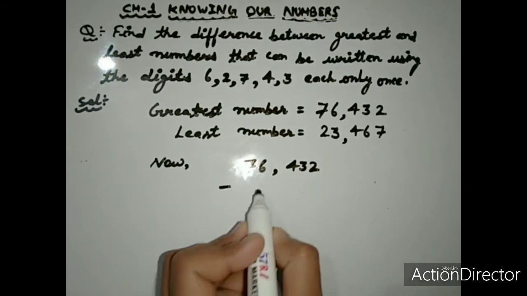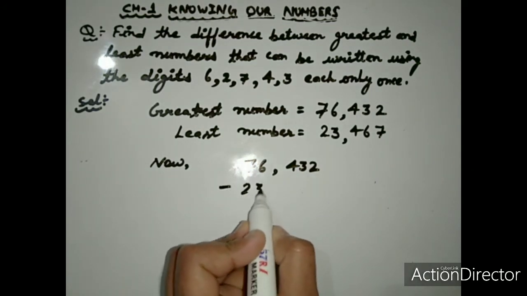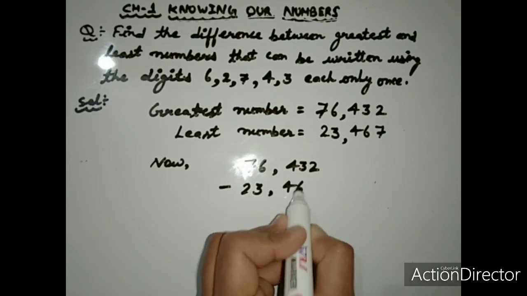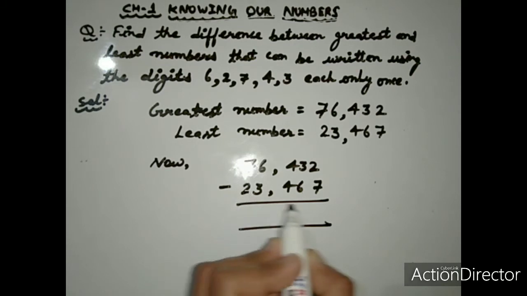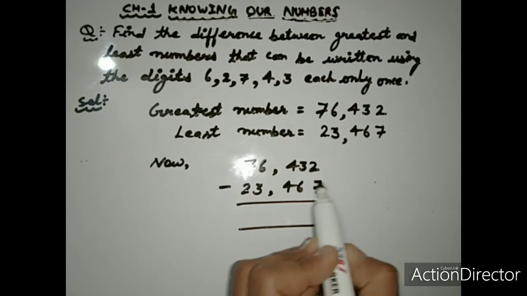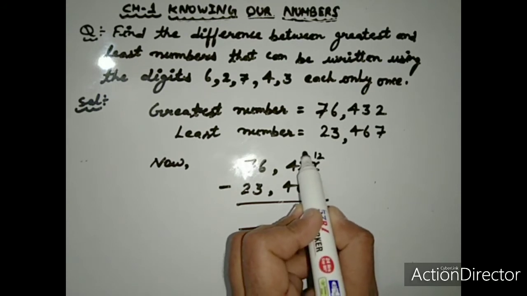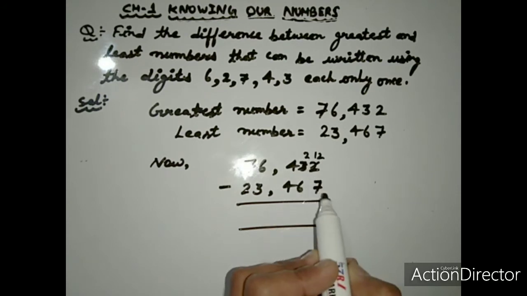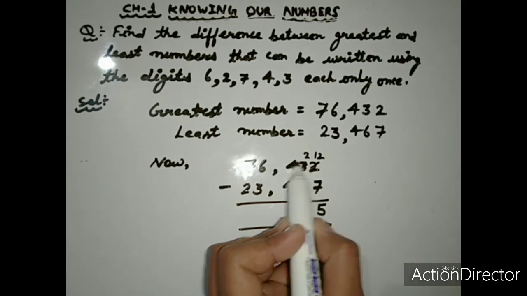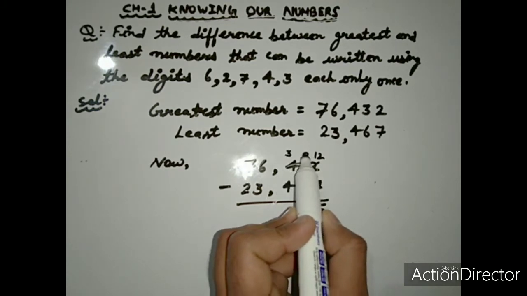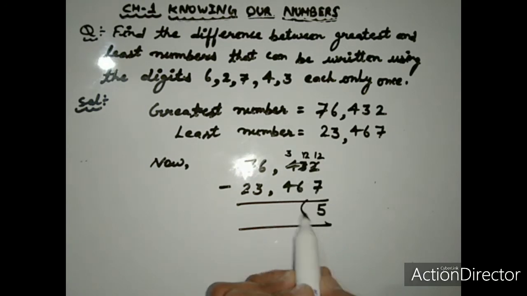76,432 minus, because here we get the difference, 23,467. Now here we subtract these two numbers. We take one borrow from 3, then here we get 12, and here 2 is left. So 12 minus 7, 5. Now again we take borrow from here, so here 3 is left, and here 12. 12 minus 6, 6 here.